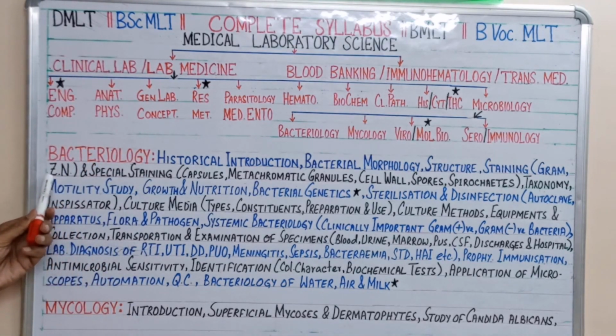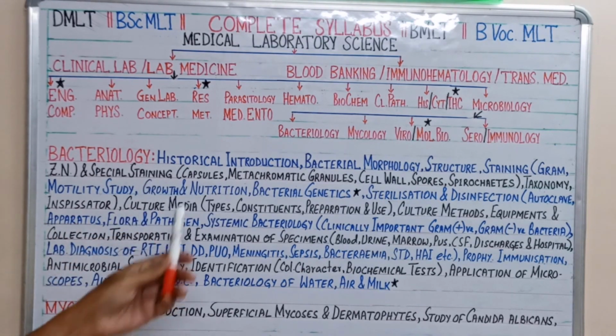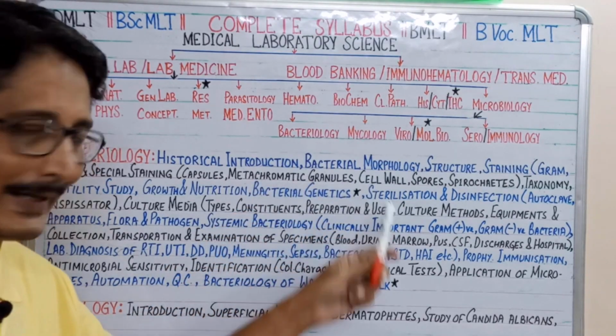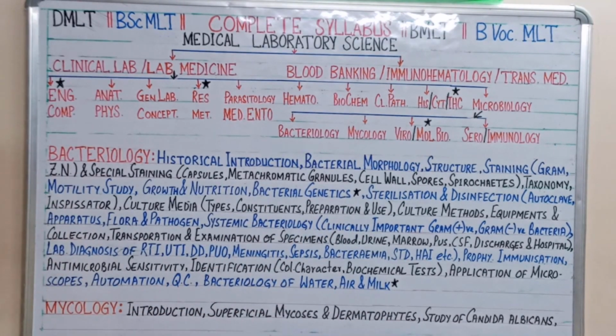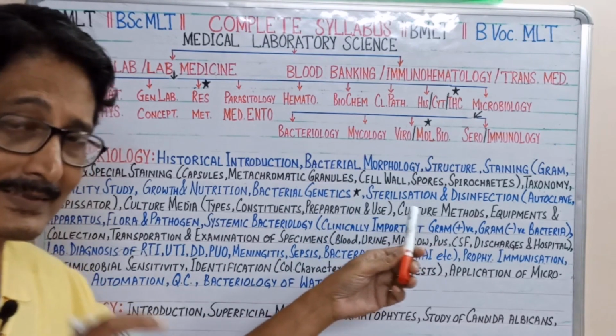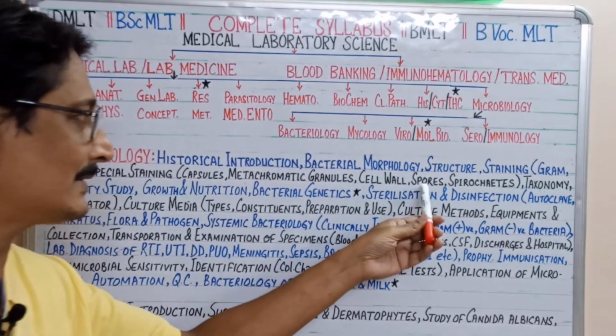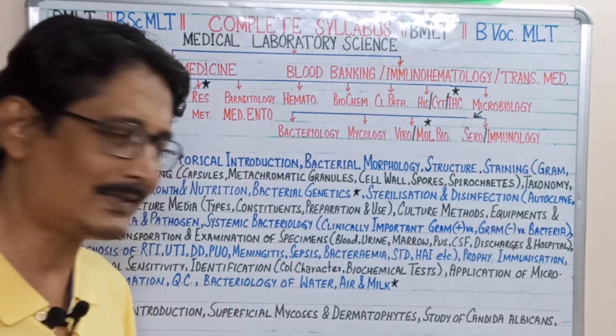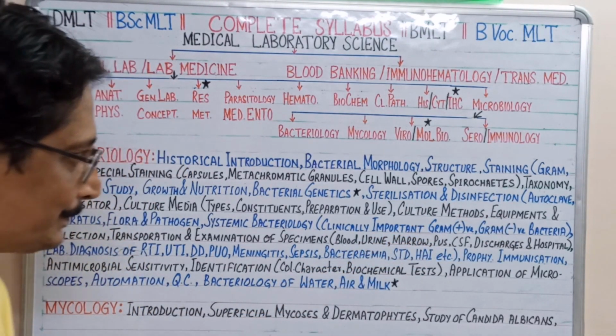The second stain is the acid fast or Ziehl-Neelsen stain, and there are some special staining procedures, like for the capsule of a bacteria, the metachromatic granules, the different cell walls of bacteria, the spore forming bacteria, and the spirochetes, that is the spiral bacteria.